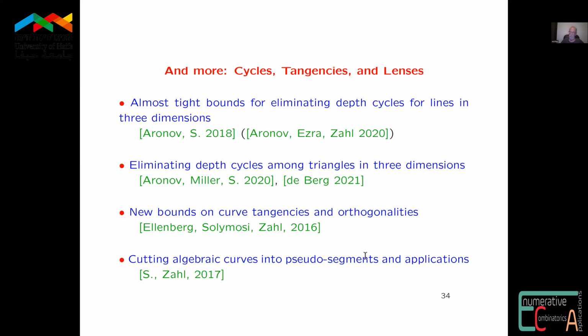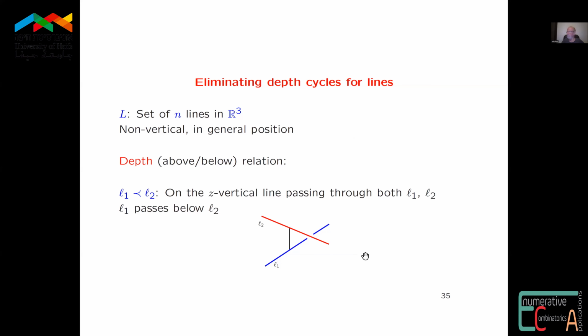Let me focus on the first result, which I have obtained with Boris Aronov, and the second reference has to do with the algorithmic aspects of this problem. Okay. So what are we talking about? We have n lines in 3 dimensions.